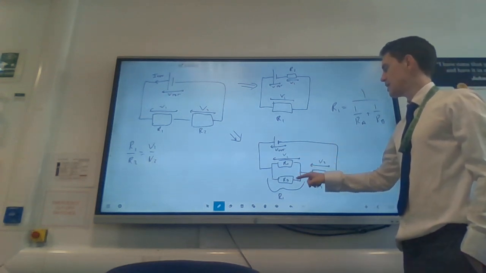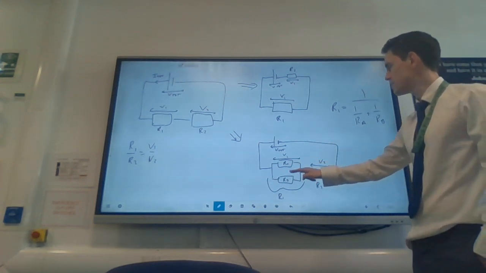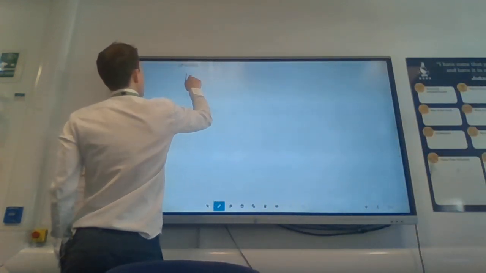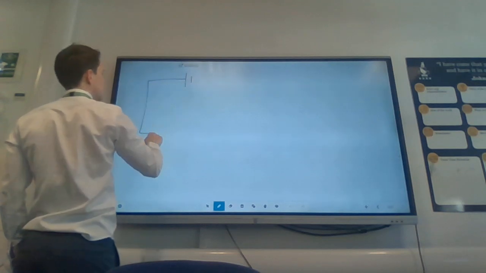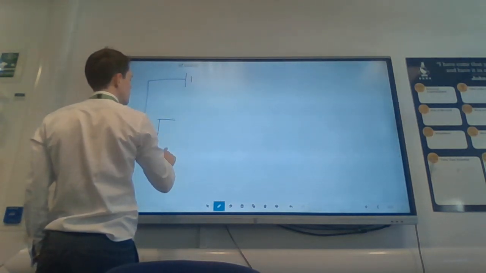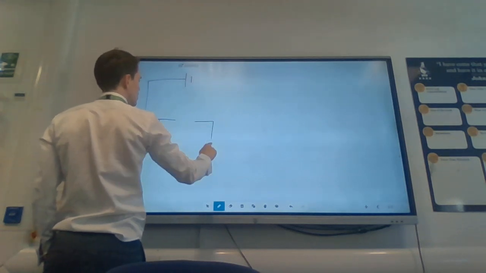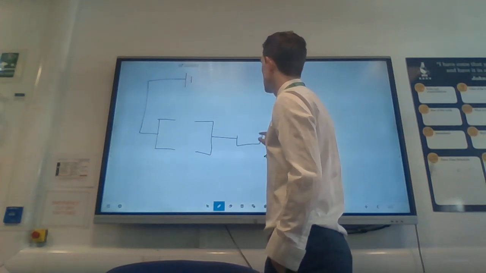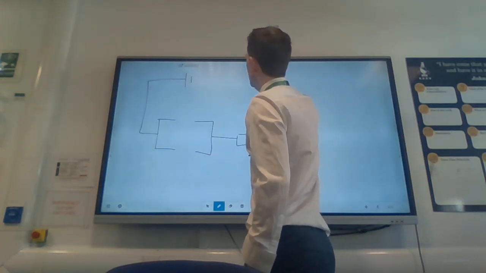Often it'll be this structure, but one of these guys will be replaced with what kind of component? A what? Yeah, a thermistor or? Kind of a variable resistor, yeah.